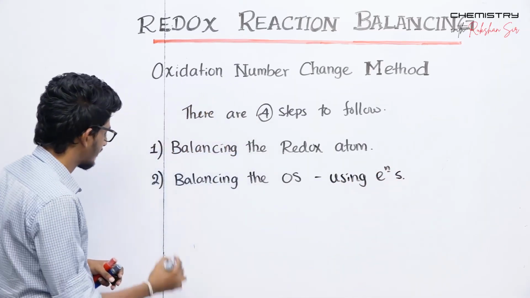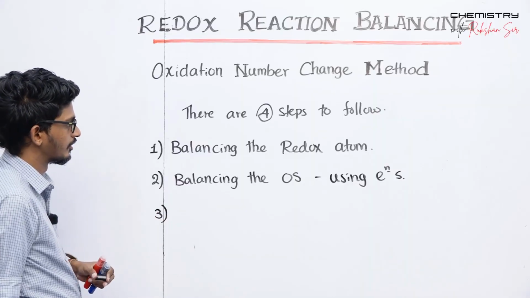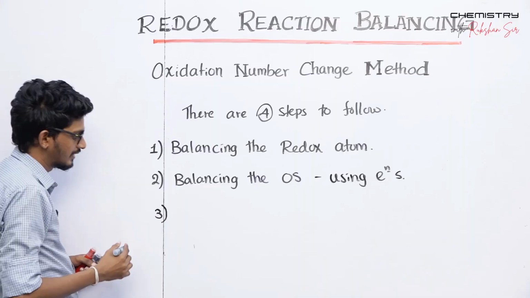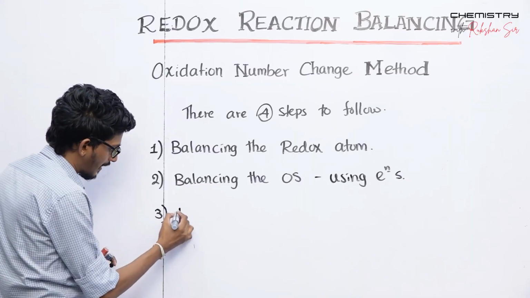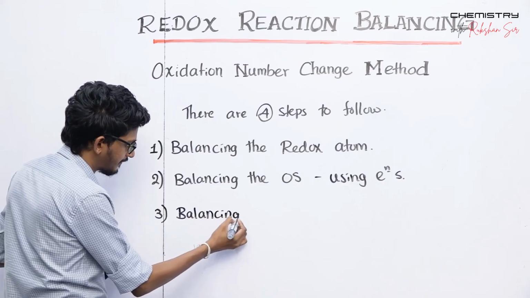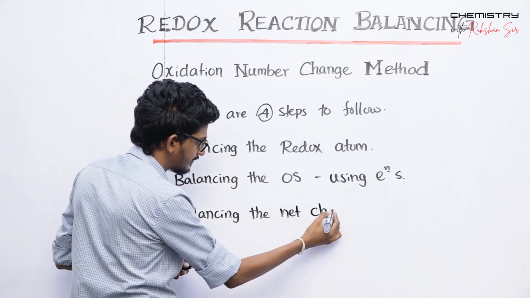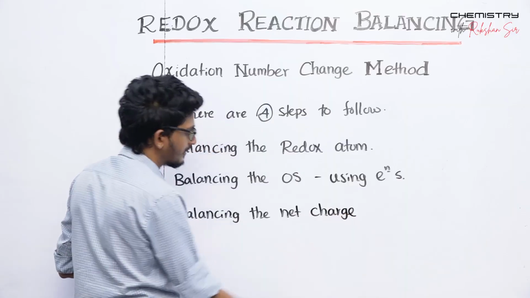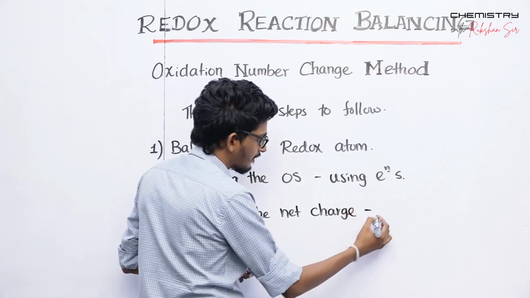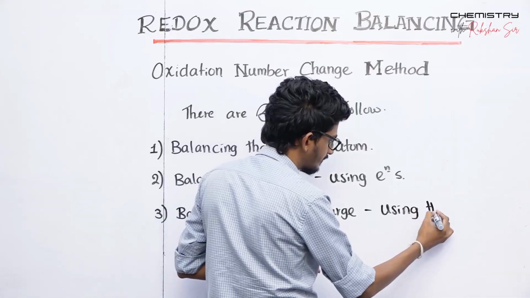The third step we need to follow when balancing a redox reaction with this technique is balancing the net charge. For that, we can use the medium.